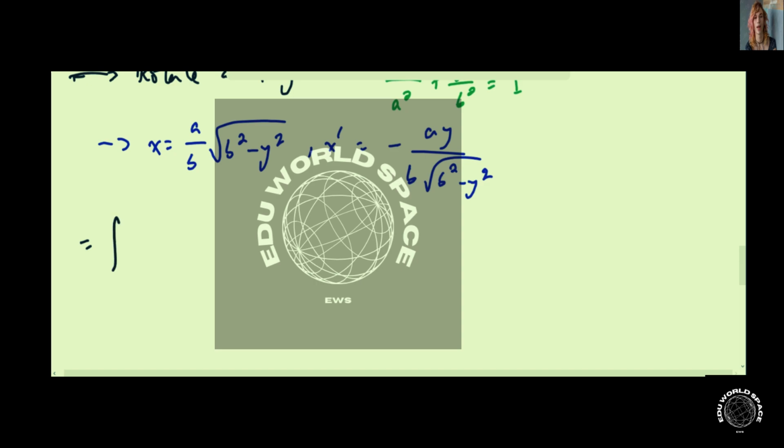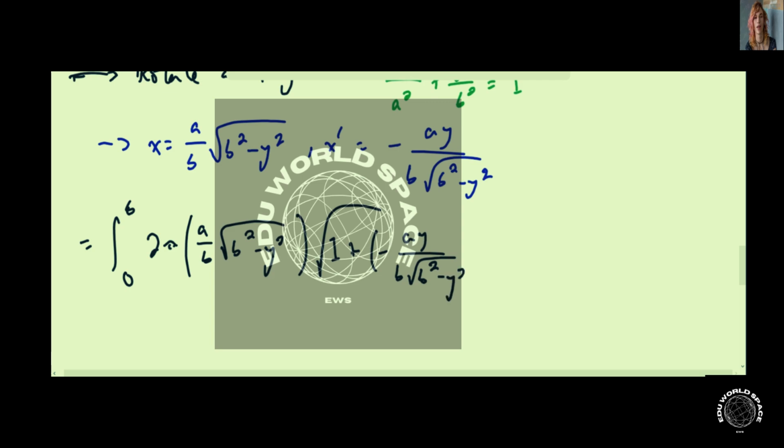The integral, when we rotate it around the y-axis, in this case, would be an integral from 0 to b. Keep that in mind because we need to do this. It would be 2 pi times a over b times square root of b squared minus y squared times all of this in the root of 1 plus negative ay over b times root b squared minus y squared dy.